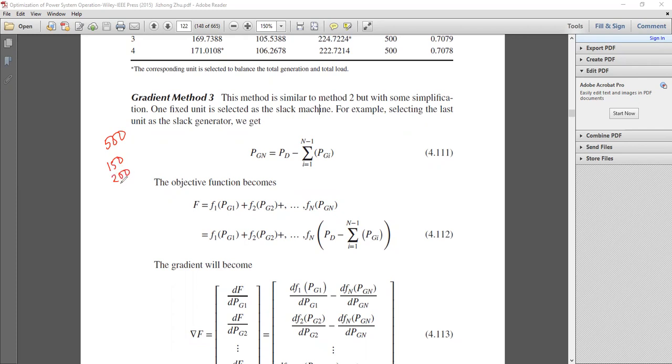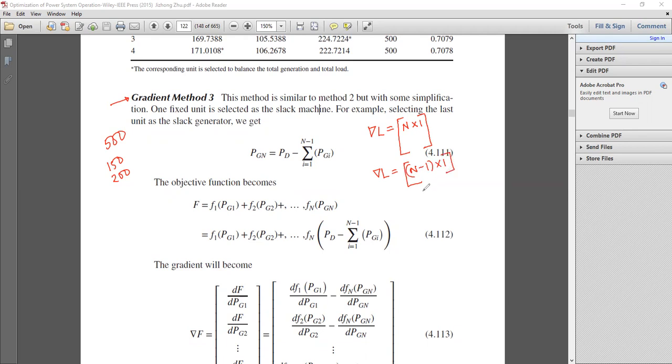So in the previous one, method 2, we were actually calculating the gradient del L. What was the dimension of that? N by 1. In the previous method. In gradient method 3, we will further reduce it to n minus 1 by 1.